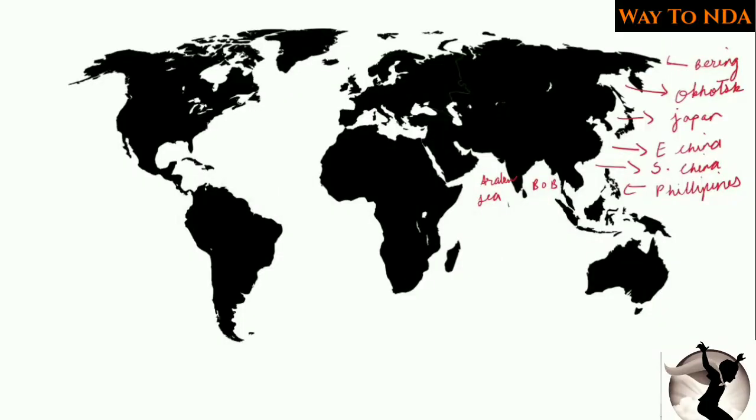Here you will find the Gulf of Oman, and this is the Persian Gulf. Here you will find the Gulf of Aden, very famous, strategically important and very important for trade.